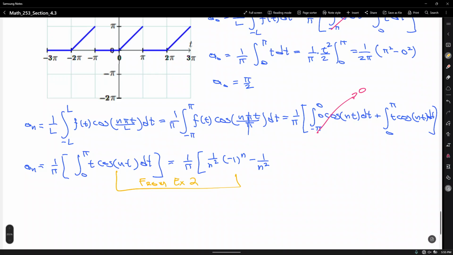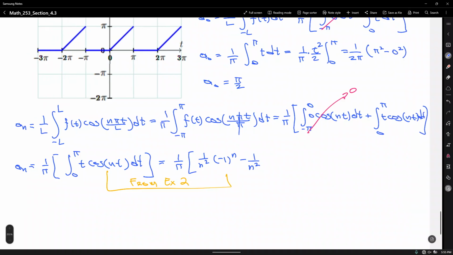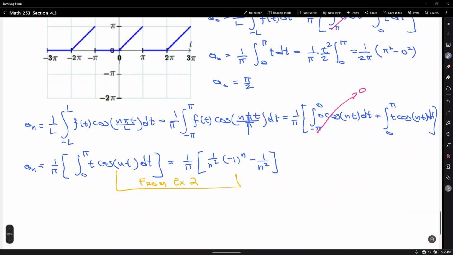That's where I'm getting it from. Then, factoring out the n squared, that equals 1 over n squared pi times negative 1 to the n minus 1. So that's a sub n. At least we saved some work using a result from the previous exercise.